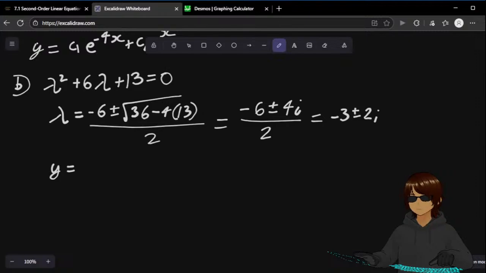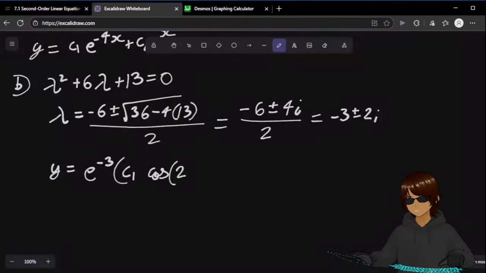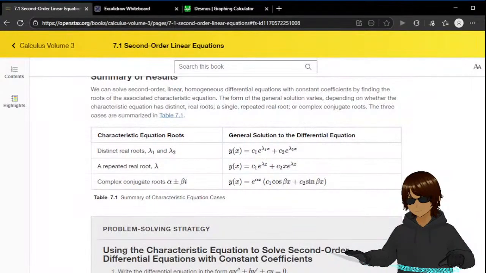Y is equal to e to the power of alpha x, c1 cos beta x plus c2 sine beta x.